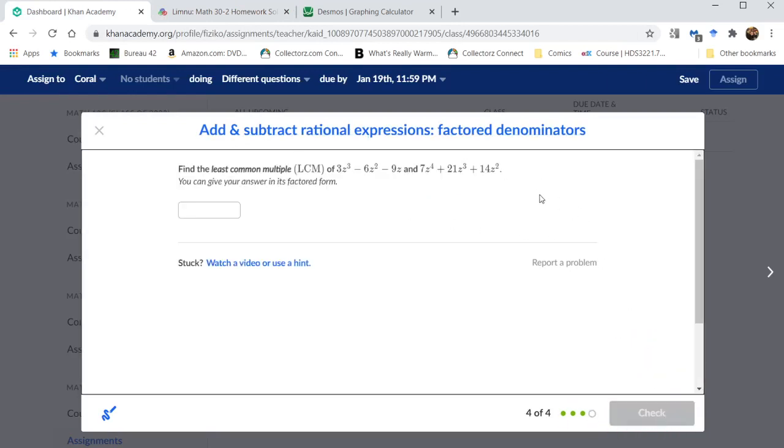Now our final question is another least common multiple, which again is the product of the two divided by their greatest common factor. So we need to start by completely factoring each of these two expressions and taking a look at what remains. We'll start by completely factoring the expression on the left.